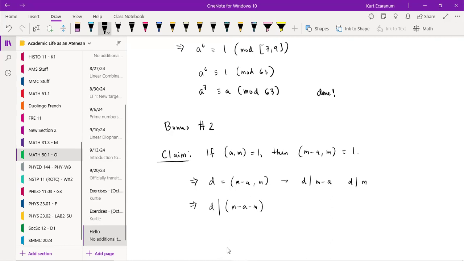This means d divides negative a, and negative a is a multiple of a, which just means d divides a.